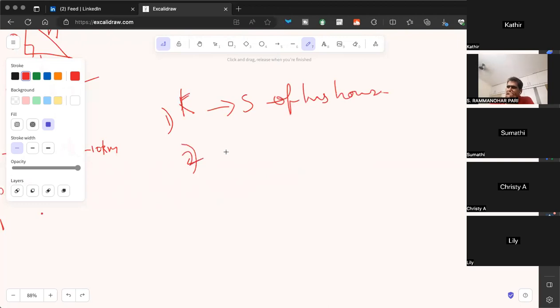And then second point. After walking 8 kilometers, he realized he had come too far. So this guy is turning back, and he comes back 4 kilometers. Till now you understood the question? From his house, he's going south, traveling 8 kilometers.